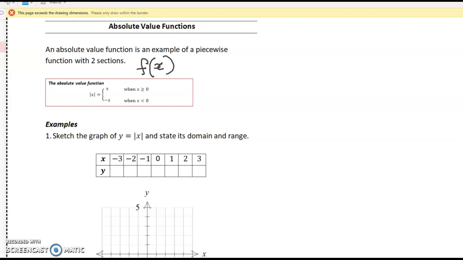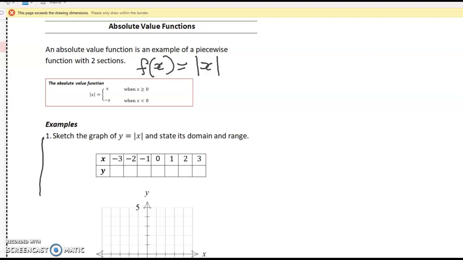So if you've got an absolute value symbol, then it's going to make your function value positive for whatever you insert for x, like in this basic example here. And so what we get is this sort of V-shape graph. So we'll see some of these now.